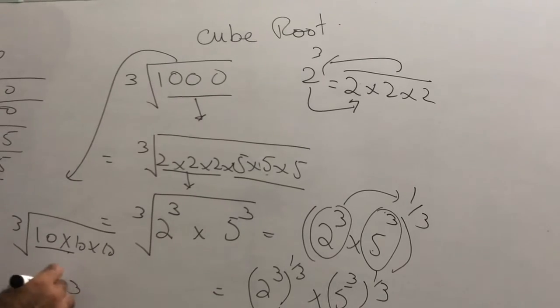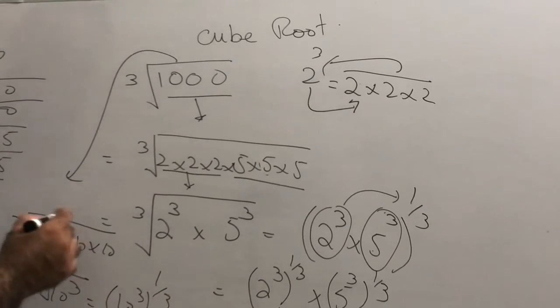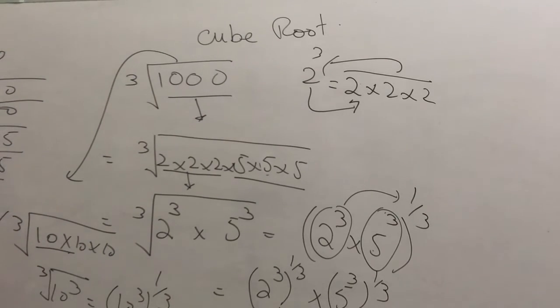It becomes 10 cube. Then we can write it like this. Then the powers will be multiplied, so we get 10. This is the shortest method, but here we are not using prime factorization, because 10 is not a prime number. Here we are using prime numbers only.